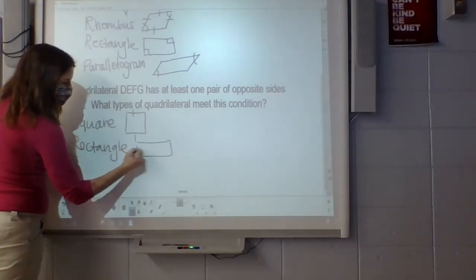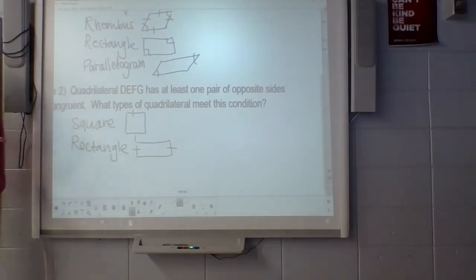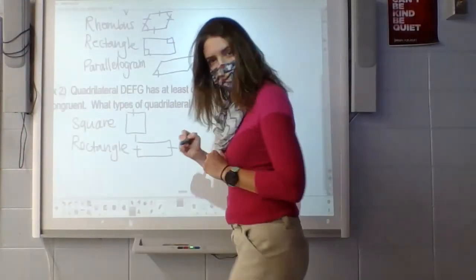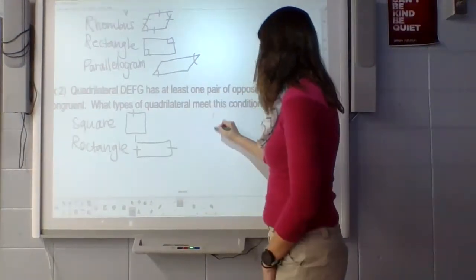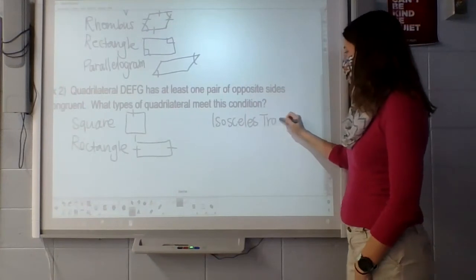All right, guys, what do you think? Give me one. Opposite sides congruent. Give me one. Square. All right. Rectangle.